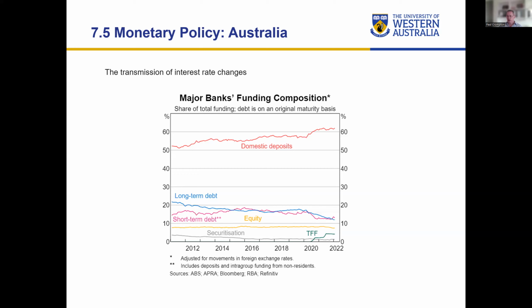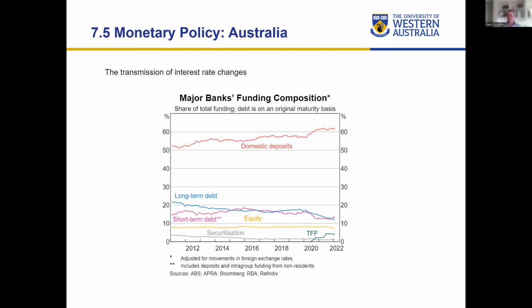So the idea is you lower the cash rate, it has an effect on the weighted average of all of these different interest rates payable by Australian banks on the money that they borrow. And then because their funding costs are being reduced, they pass on those reductions in the form of lower mortgage interest rates, lower rates on personal loans.